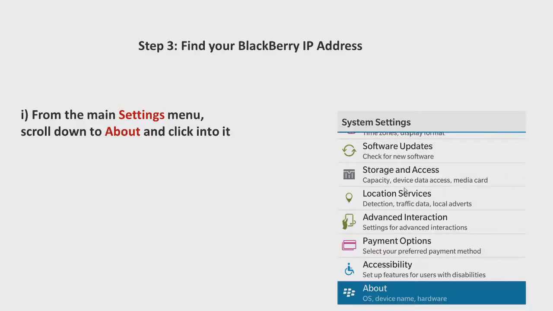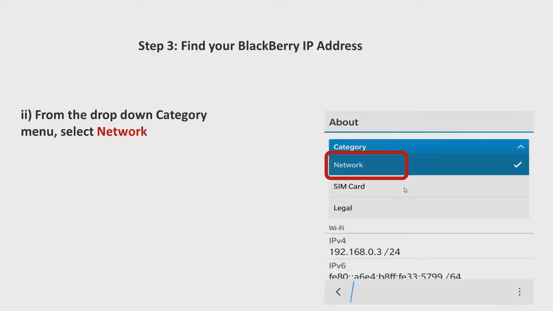The next thing we need to do is find out the IP address of your BlackBerry. So if you come back out of the menu you're in now, that should take you back to the main system settings menu. Right at the bottom, you should have About. Scroll down to About and click into that menu, and then you'll have a blue highlighted drop box.